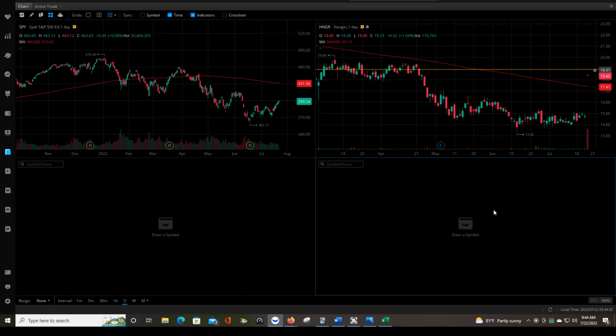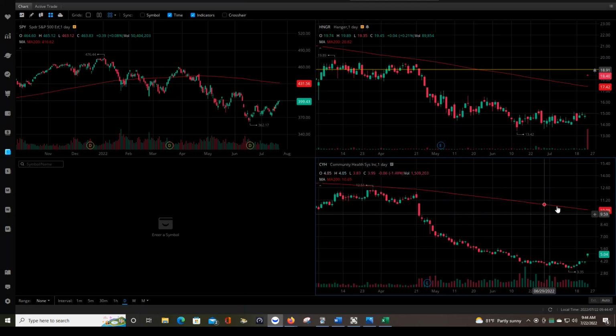I'm just refreshing my small cap screener, just like I just talked about, on my laptop, and making sure everything is up to date. So we have now CYH. It kind of came out of nowhere, maybe while I was talking. But again, it's trading below the 200 MA on the daily, so we don't need to worry about it.